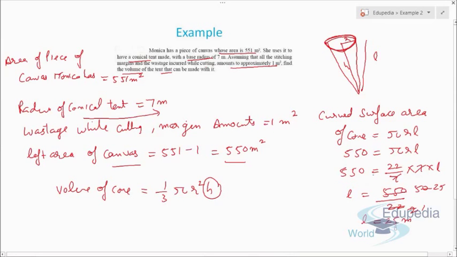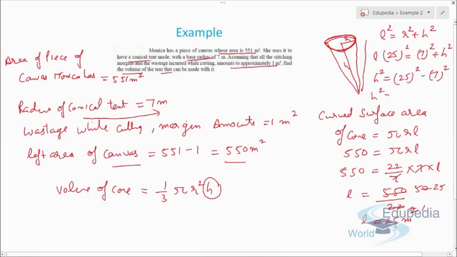Now we can find H using Pythagoras theorem. So we can say that L square will be equal to R square plus H square. Now L square is 25 square, which is equal to R square, 7 square, plus H square. So H square is 25 square minus 7 square.